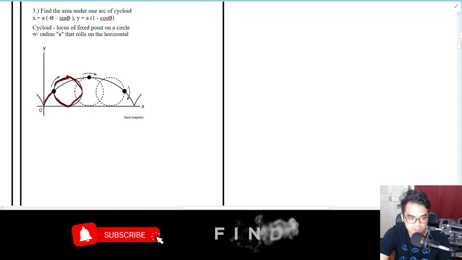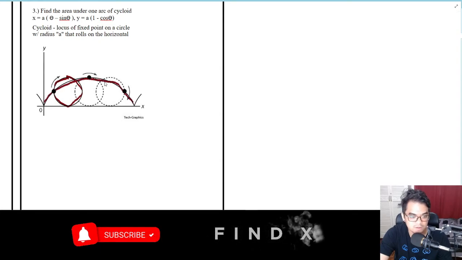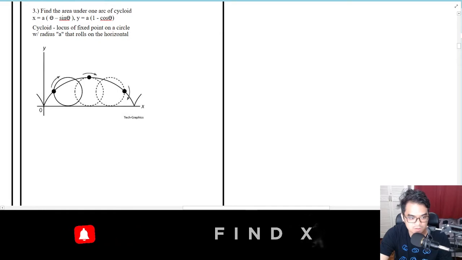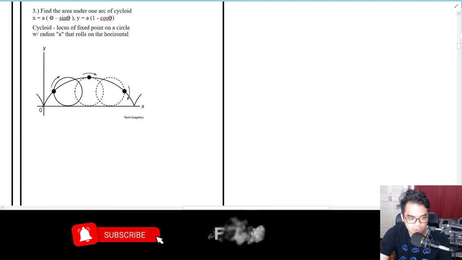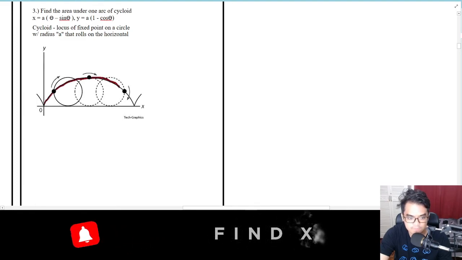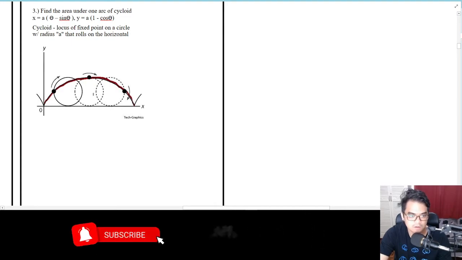You will eventually get this arc. So the curve generated by that point is a cycloid. We are asked to find the area of one arc. So that is one arc.